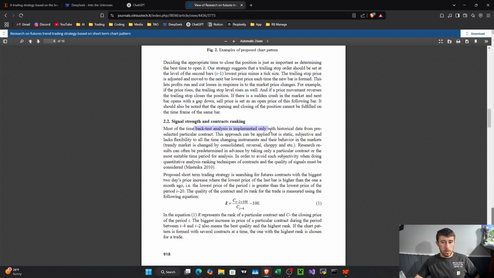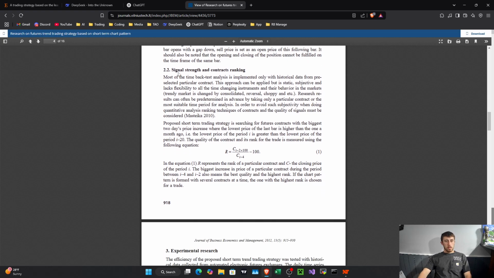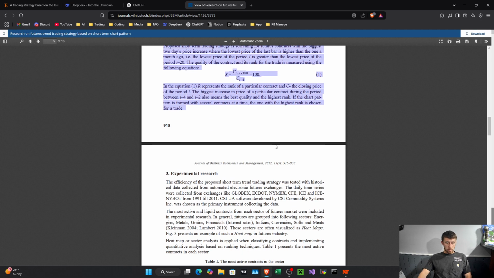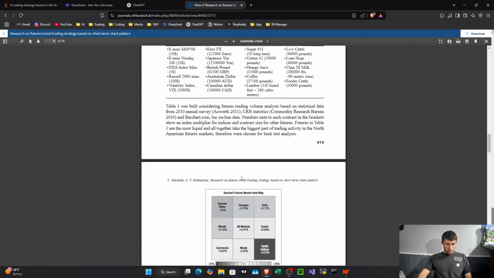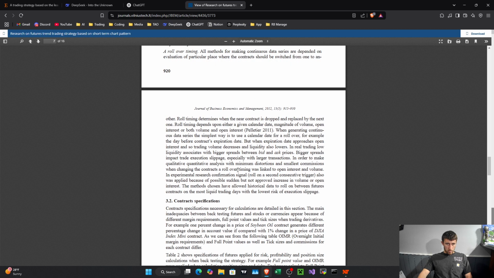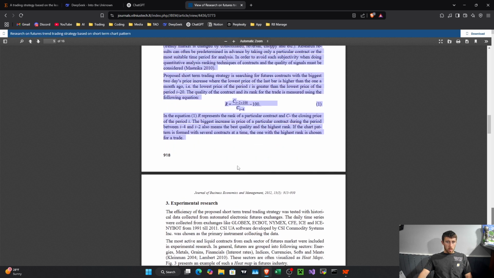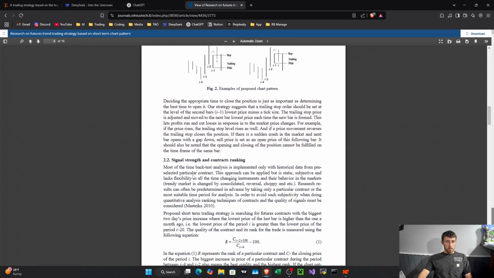Okay, so it looks like this is the second signal. Okay, so I believe these are the two signals.